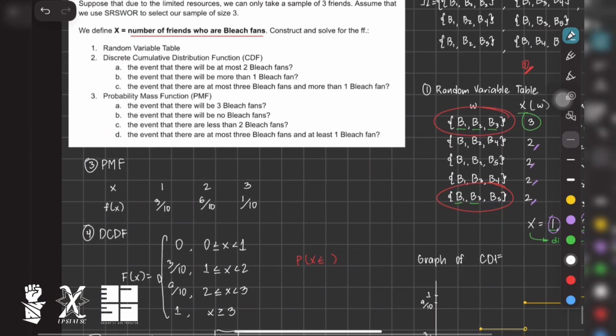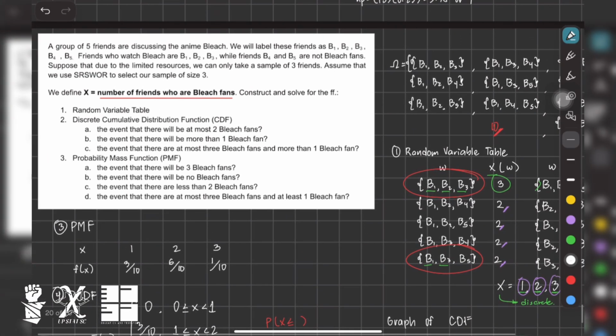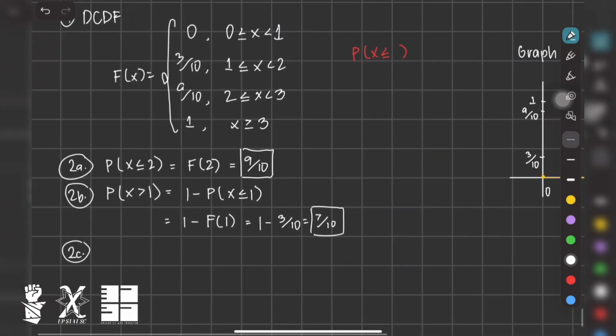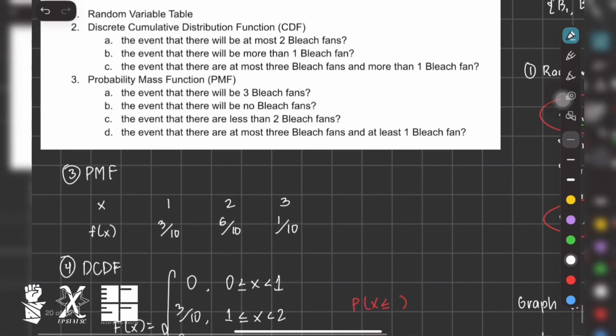So here we have the event that there are at most three bleach fans and more than one bleach fan. So how do we write that? Again, the event where there are at most three bleach fans.